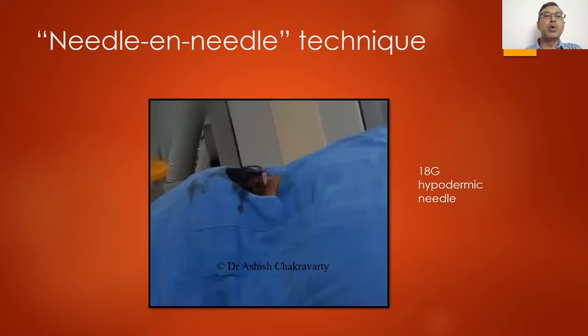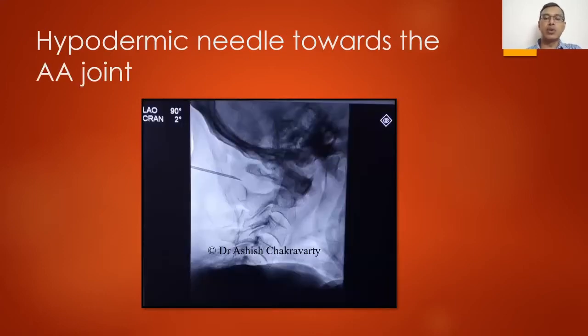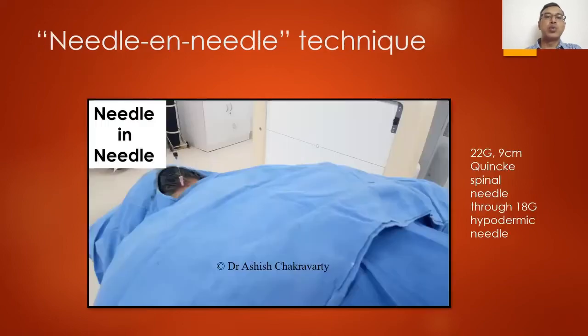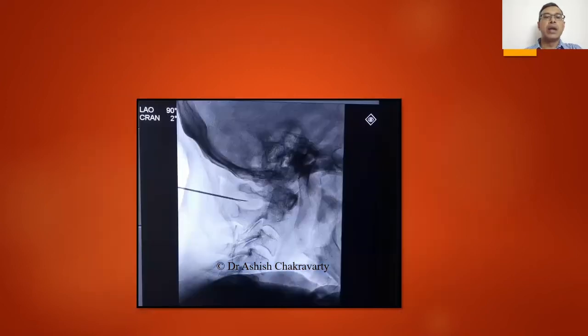And to improve my accuracy, I follow the needle in needle technique, in which I use an 18 gauge hypodermic needle directed towards the atlantoaxial joint. Through that, I insert a 22 gauge Quincke spinal needle, and I direct that towards the atlantoaxial joint.